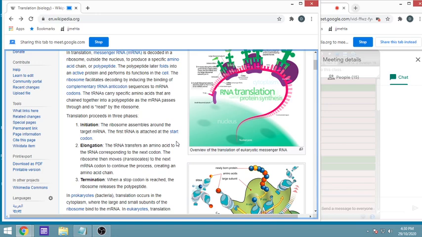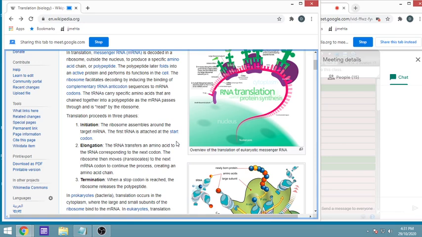So here the ribosomes are hopping from one codon to another codon, and this codon-to-codon hopping creates an amino acid chain, which we call elongation. And lastly, there will be termination. When the stop codon is reached, the ribosome releases the polypeptide.